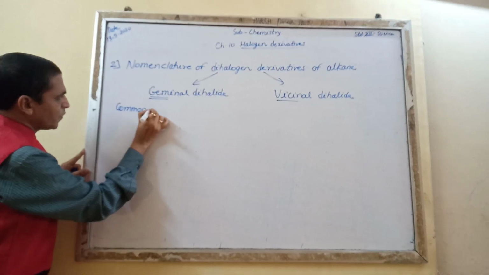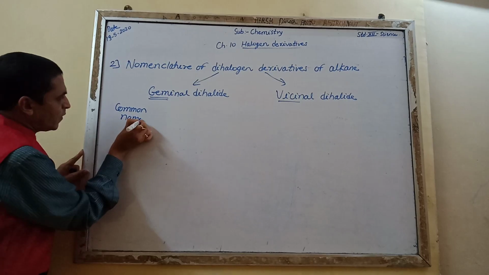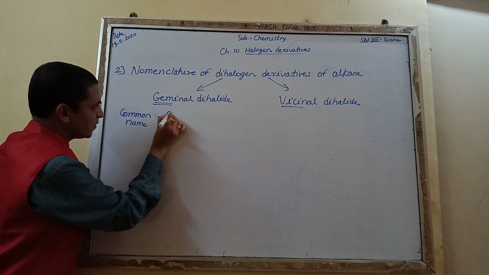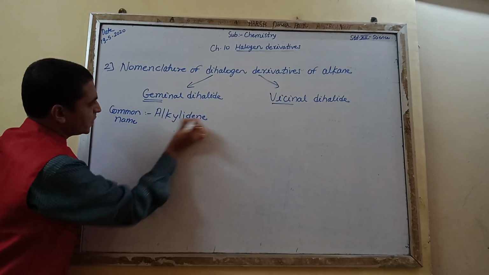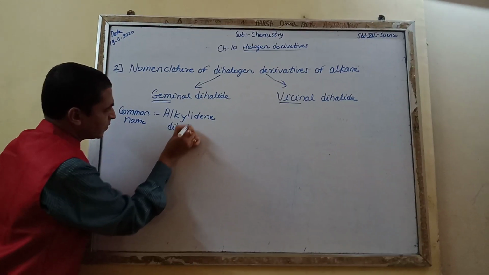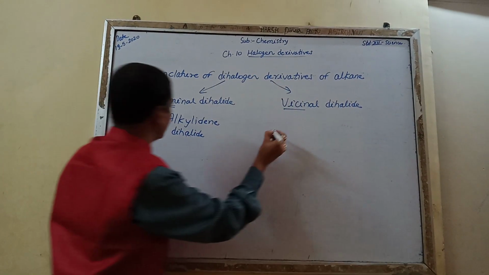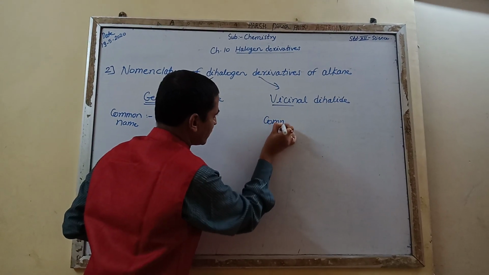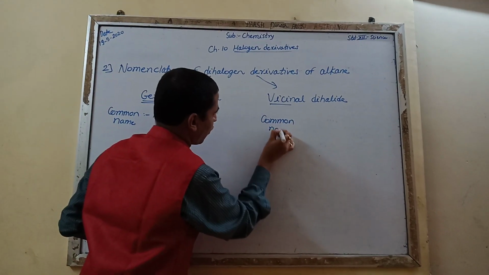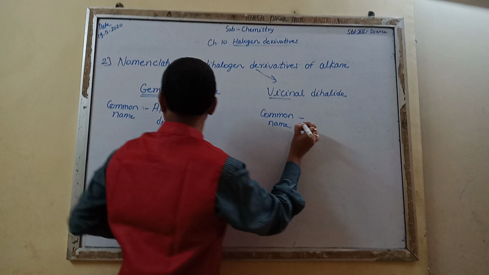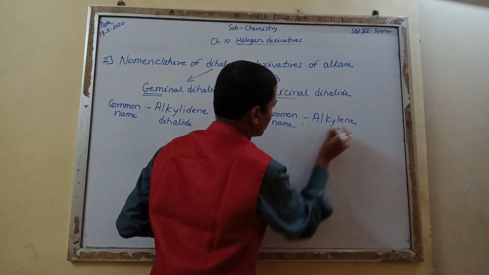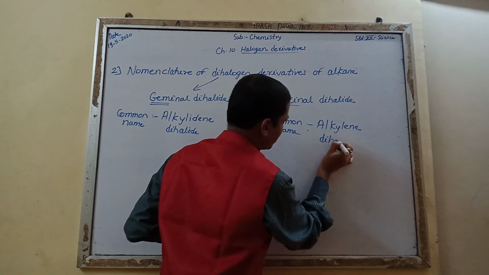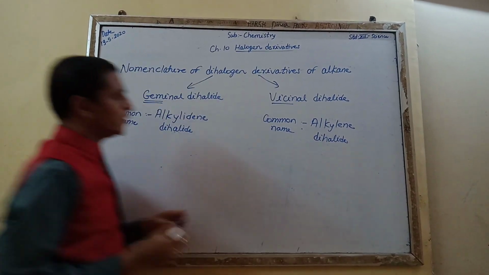The common name of geminal dihalide can be written as alkylidene dihalide, and for vicinal dihalide, the common name is written as alkylene dihalide. You remember this part.